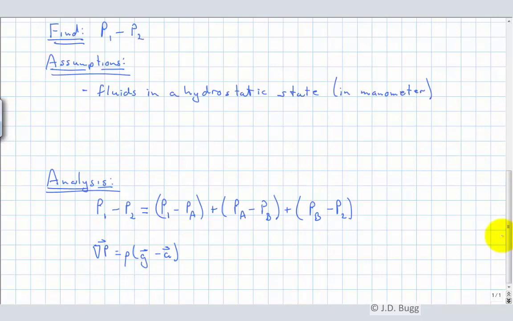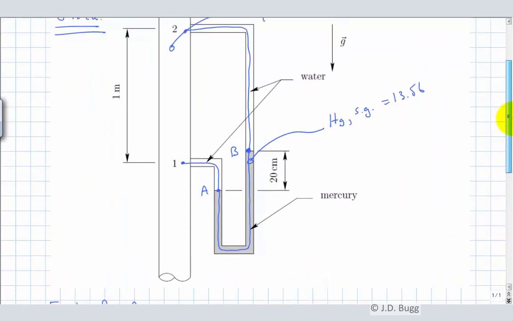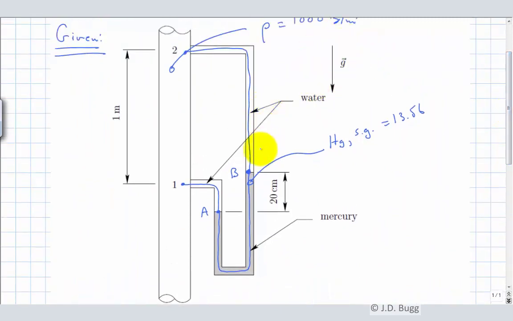Now what are we going to do with this? Well, we're going to recognize that in this problem, this acceleration is 0. So we just state here the acceleration is equal to 0. So we're assuming that this entire thing isn't falling or isn't accelerating off to the left or anything like that. It's just stationary. So that acceleration is gone. Now we need to identify g. And if we go back to the diagram, we notice g was given on the diagram downwards.